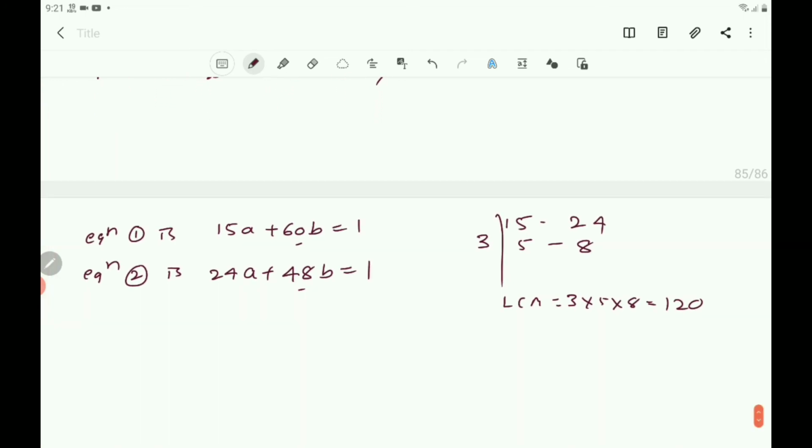So you consider this is equation 3, this is equation 4.